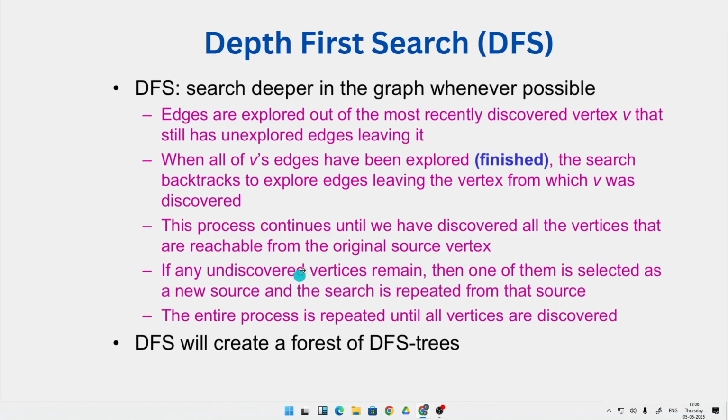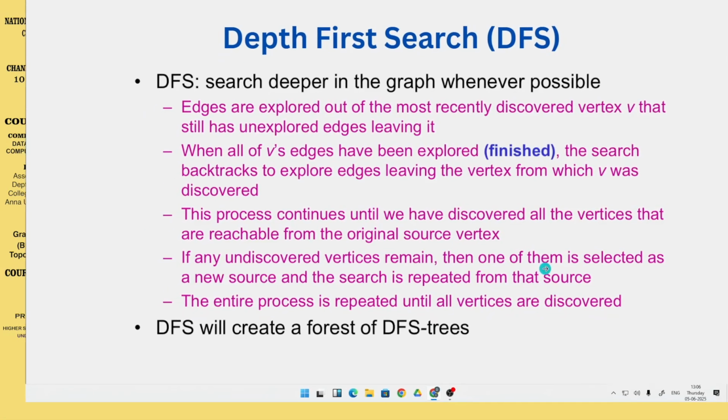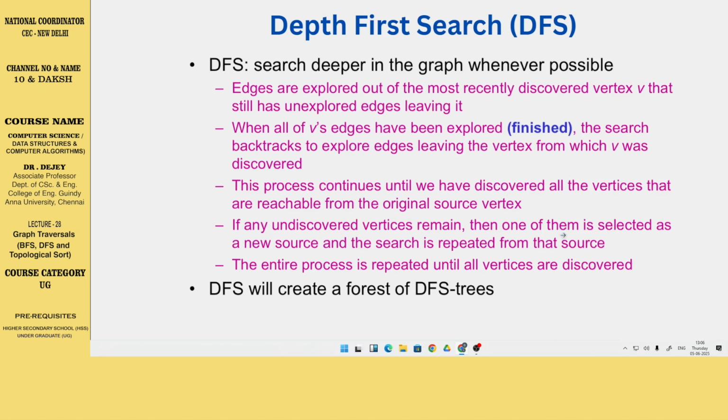If suppose even after doing this there are some vertices which remain undiscovered, then the reason could be that there are connected components in that graph. If there are connected components, which means there is some sort of disconnectivity in a graph and the graph as such appears in pieces, then you may have to fix a new start vertex and proceed to visit these vertices in a depth first version for that connected component.